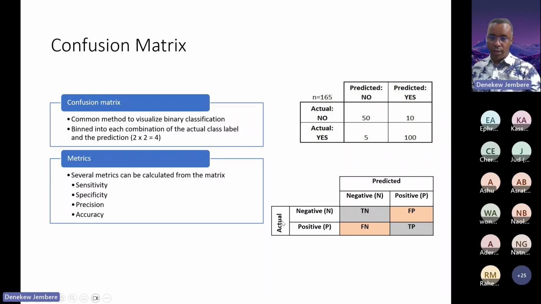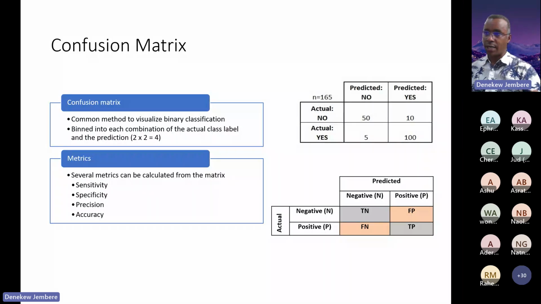Predicted could be right here, and the actual could be right on the predicted location. So the table could potentially rotate. In any case, the point is you can measure the performance of your algorithm, your model, by using the confusion matrix.